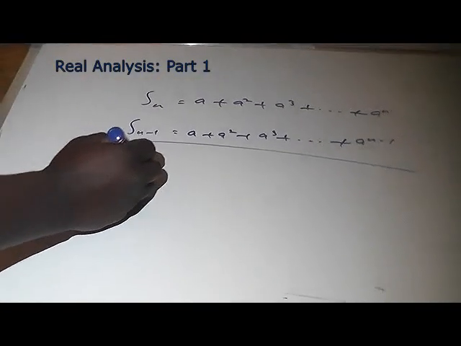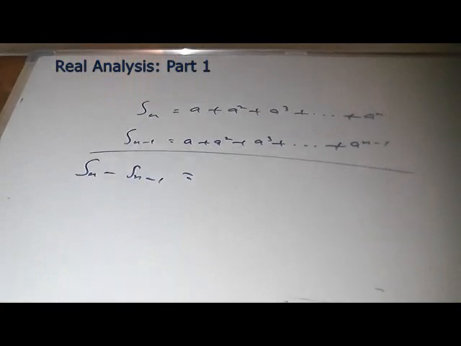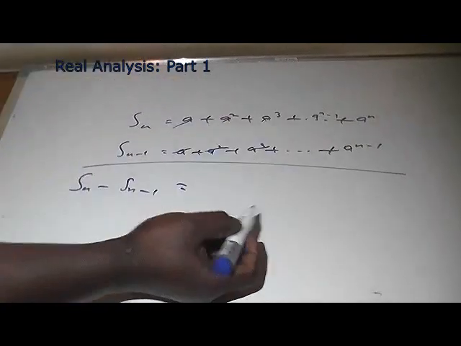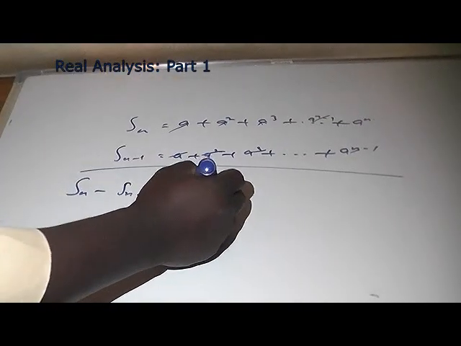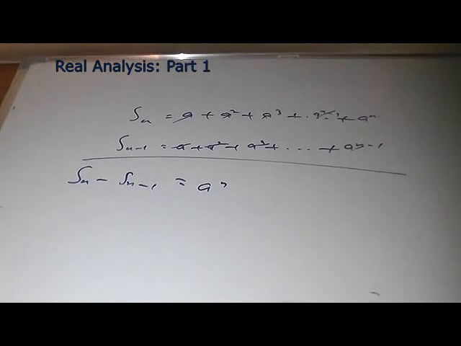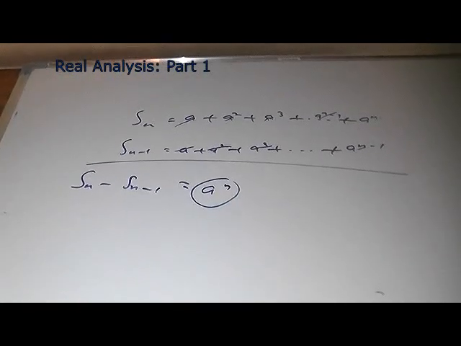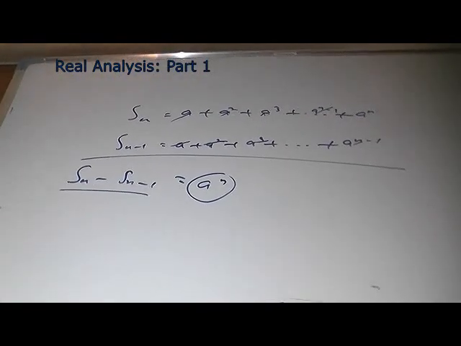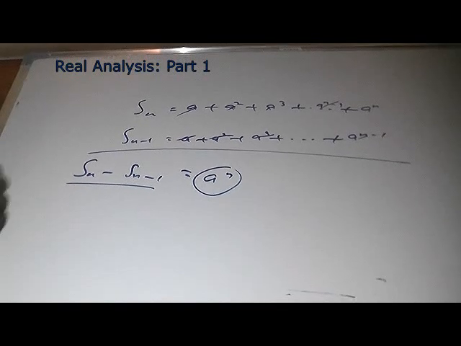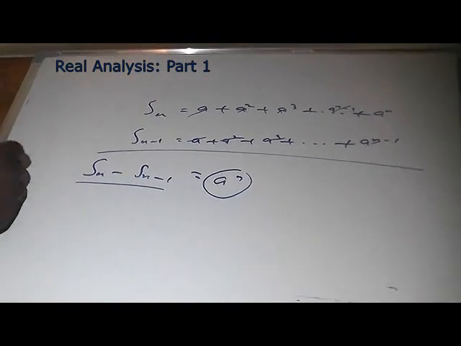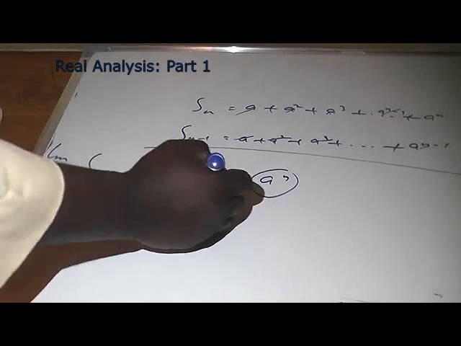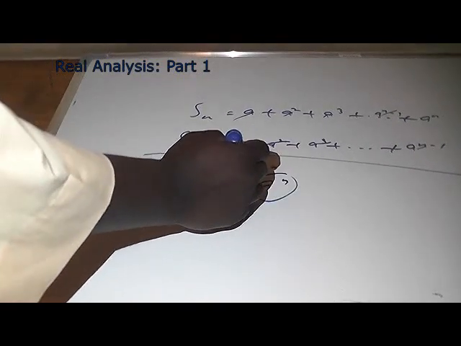Now if you subtract, this is Sn minus S(n-1). What will be remaining, because there's a(n-1) here, we subtract this, we have an. This is the series, the difference between partial sums. So we take the limit as n tends to infinity of this.